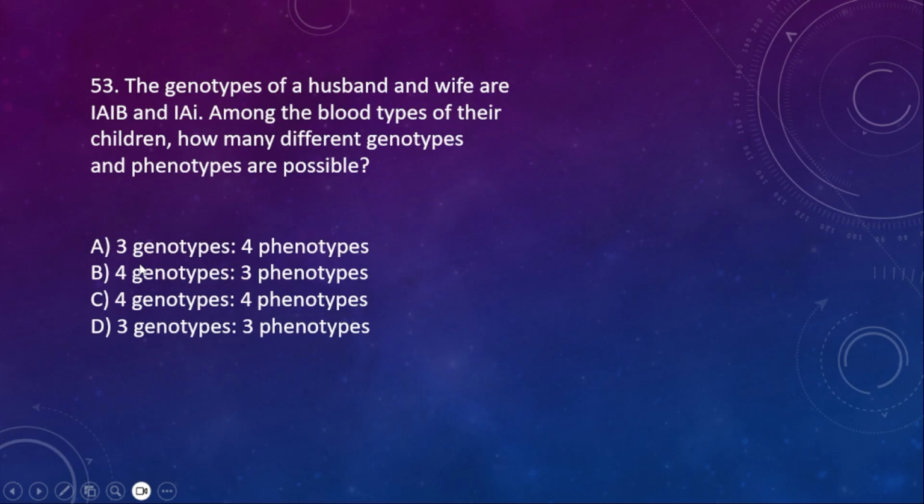A. 3 genotypes and 4 phenotypes. B. 4 genotypes and 3 phenotypes. C. 4 genotypes and 4 phenotypes. D. 3 genotypes and 3 phenotypes. Here the right option is option B.